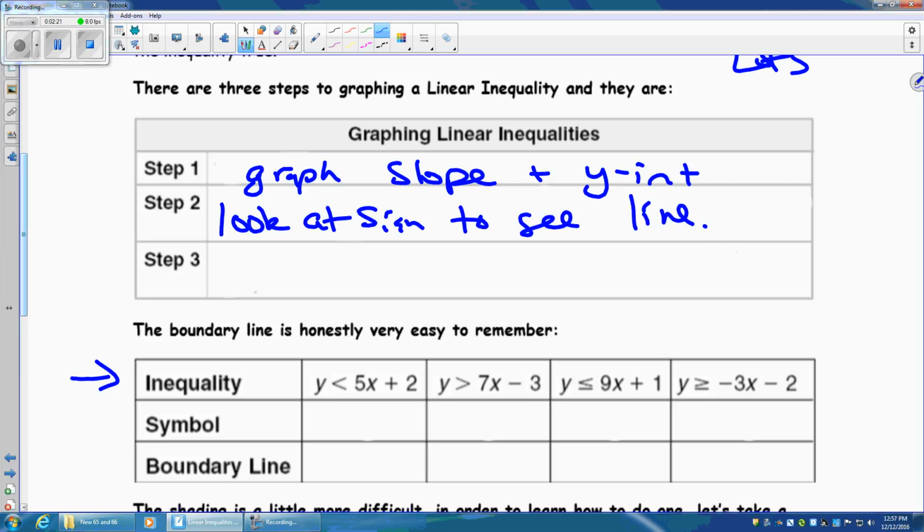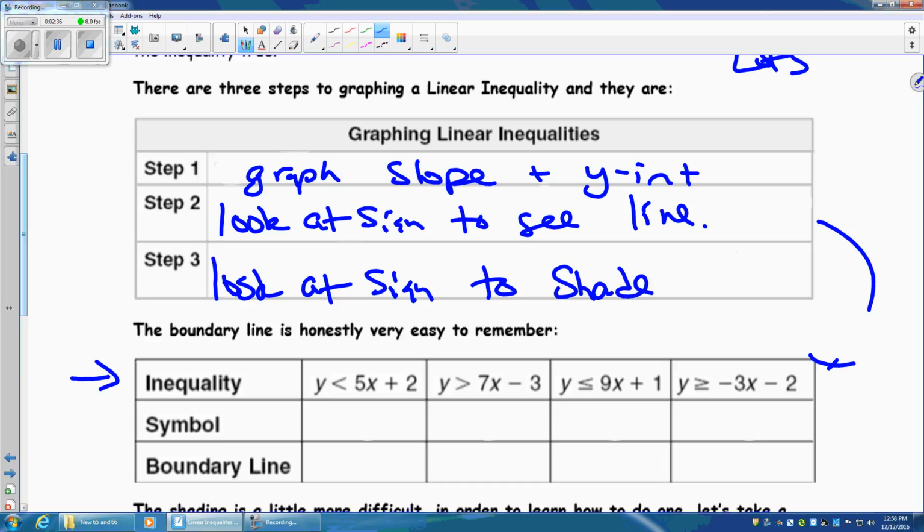And I'll talk more about that right down here. And then step 3, again, we're going to look at the sign to shade. And I'll explain that here at the bottom.